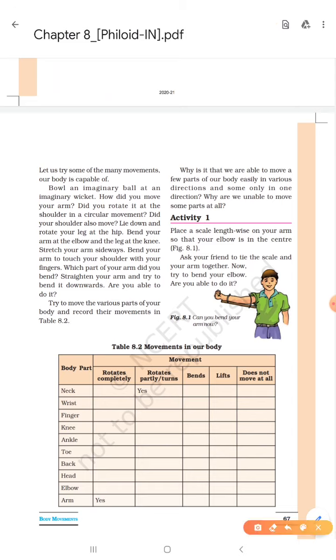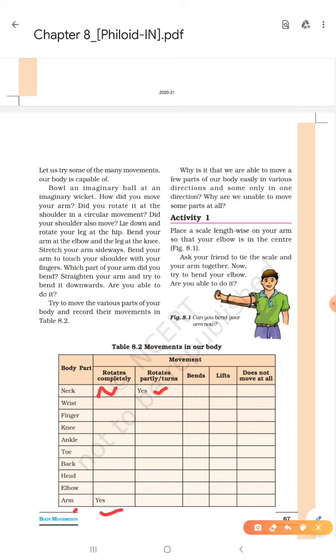But we cannot rotate it completely, so here you can see it has written yes, because we can rotate the neck partially. That's why we have written yes. In case of arm also, try to rotate it.